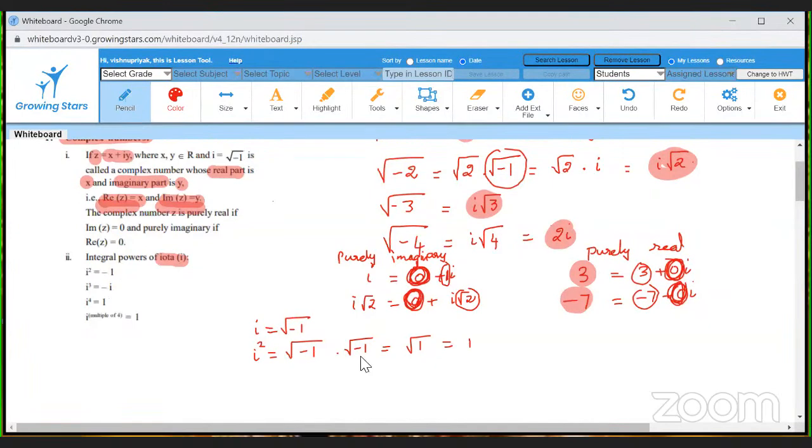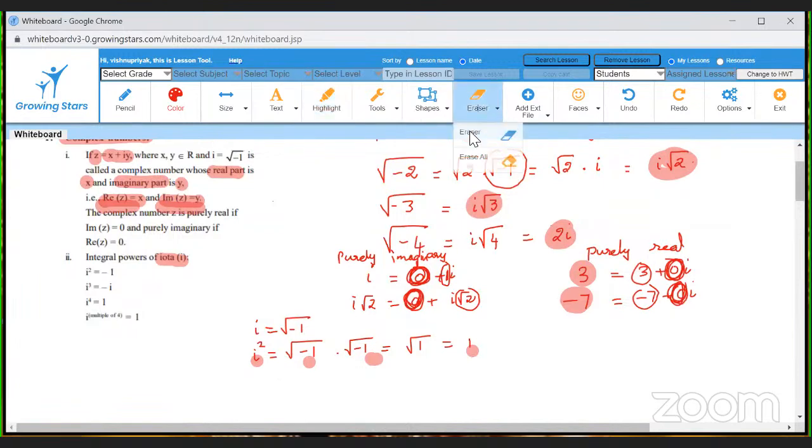If you do it like this, you are getting 1, but this is not correct. i squared will not be equal to 1.